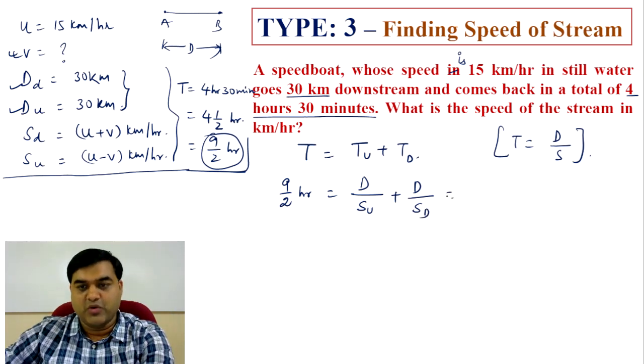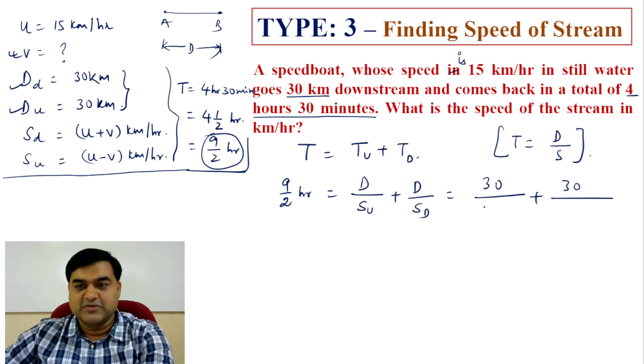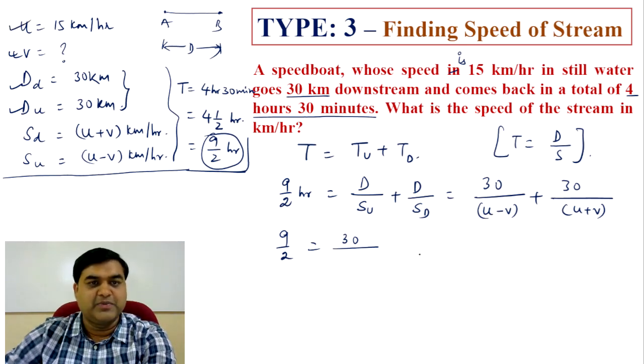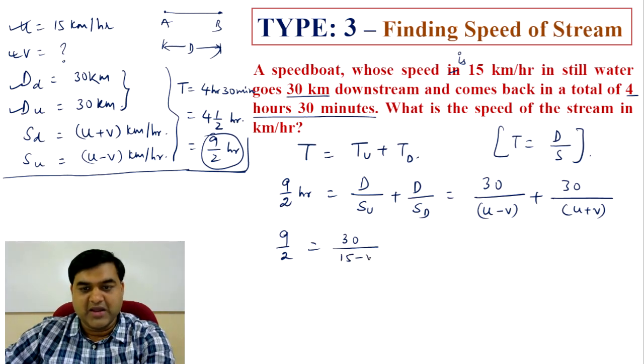Distance is 30, divided by speed upstream, which is U minus V, plus 30 divided by speed downstream, which is U plus V. So 9 by 2 is equal to 30 by (U minus V) plus 30 by (U plus V). U is known, 15 kilometer per hour, so we can write 30 by (15 minus V) plus 30 by (15 plus V).